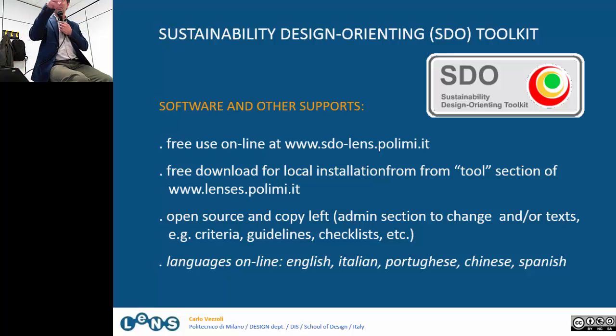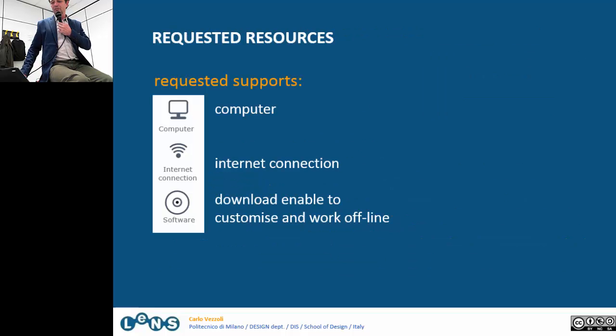This is the online version. The one that you are using has only two languages, but you are all good in using English, so it's okay. So what you need, of course, is a computer, an internet connection, and if you download this, you have to download the software. Since this software is web-based, you have to download what is included in the package, something that makes your computer be understood by the software as something that is online.